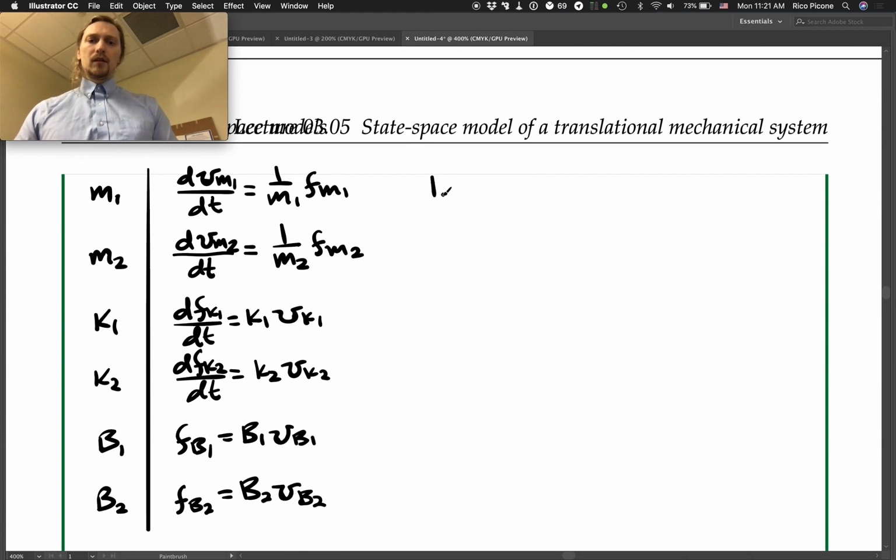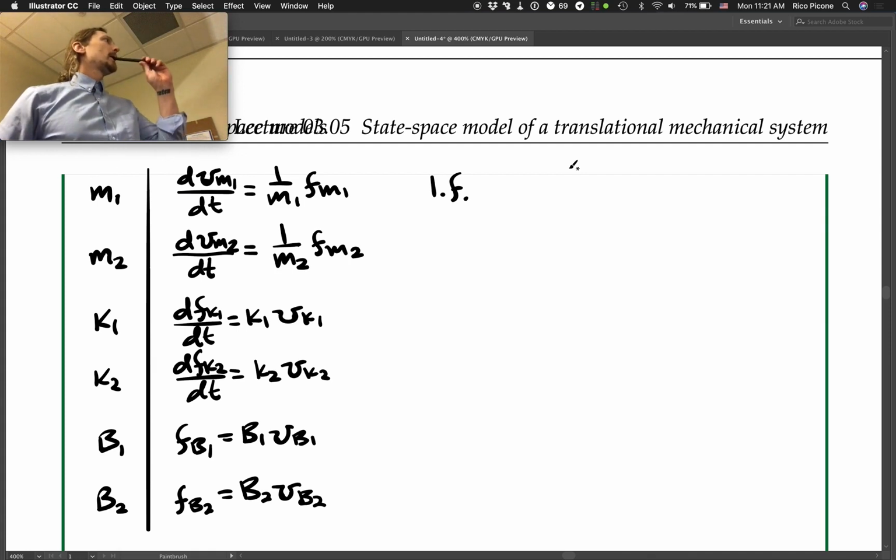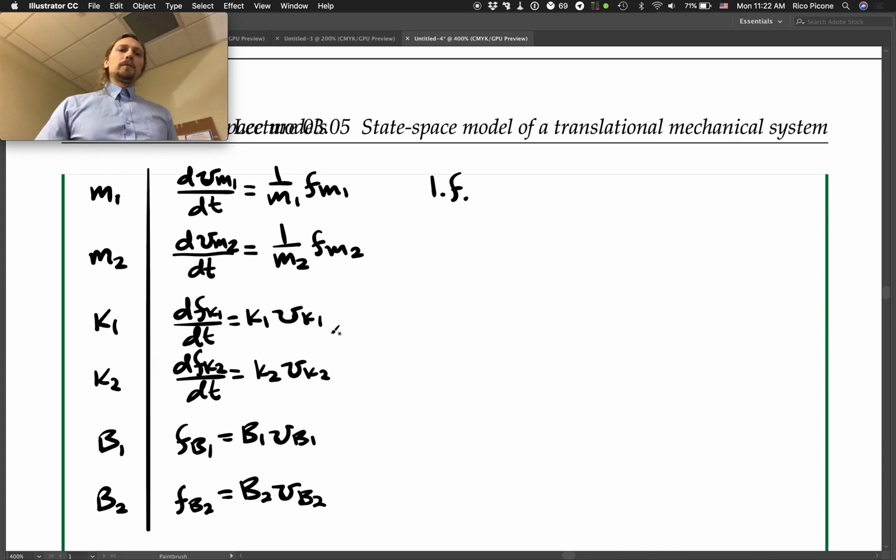1F here. You have plenty of space, so you can use it how you want. We're always taking the time derivatives. So the time derivative of x is v.